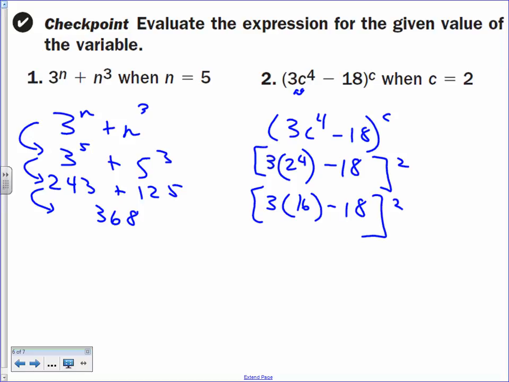Good. Now notice I'm going to do this, right? So what happens to my parentheses? I can drop them, can I? So if I can drop those, I'm going to drop the brackets on the outside. So that's 48.